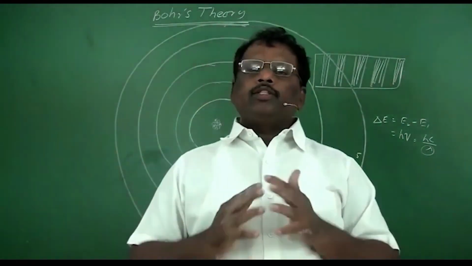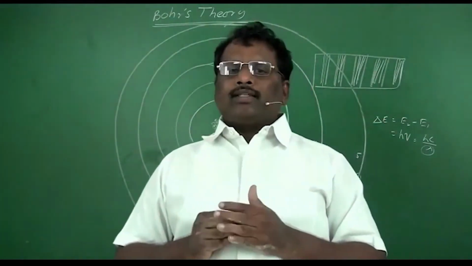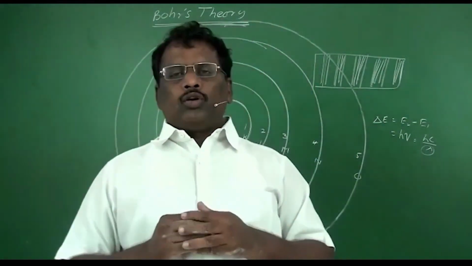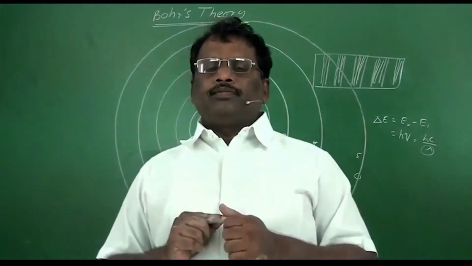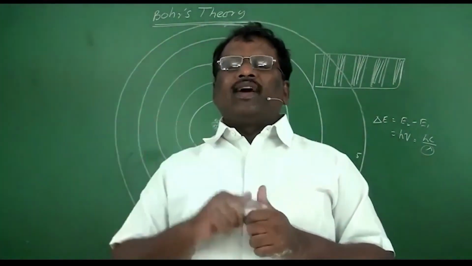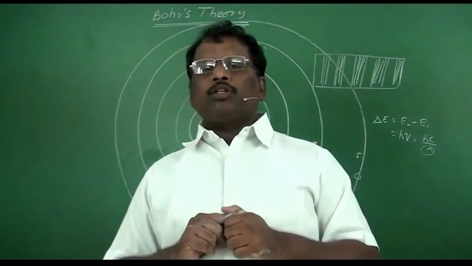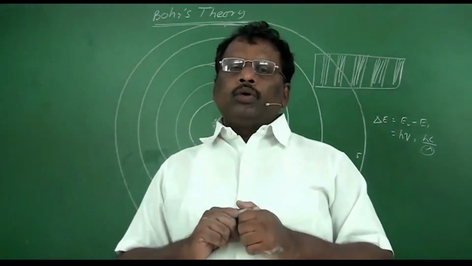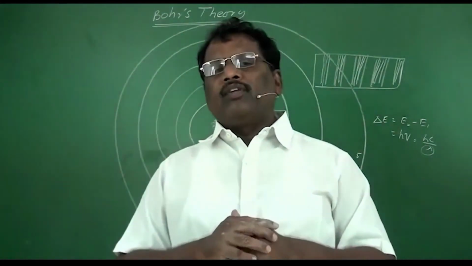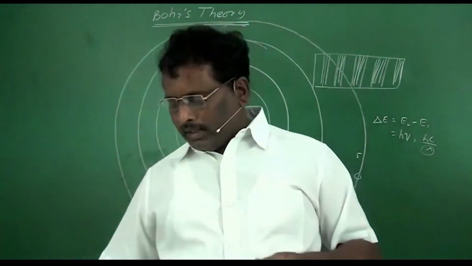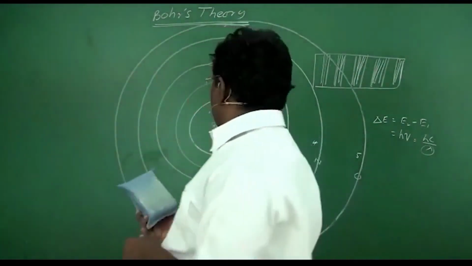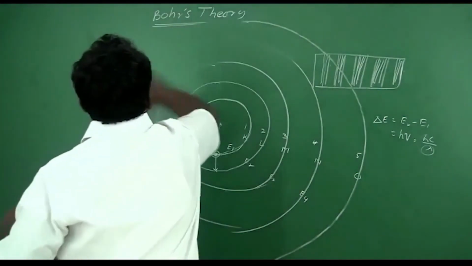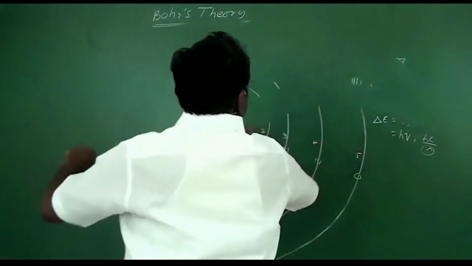Now, Niels Bohr proposed that the angular momentum of an electron revolving in this orbit is also quantized, and it will be equal to a whole number multiple of h by 2 pi. That is the angular momentum of an electron.